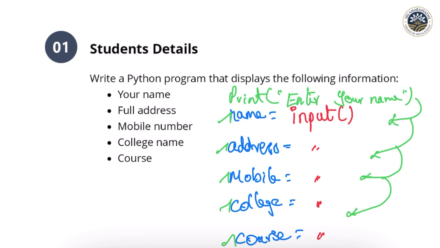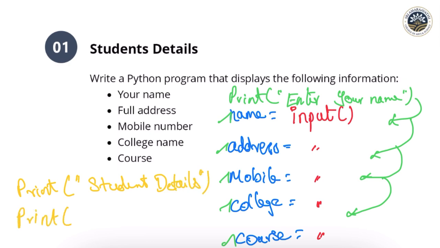For the final step, you need to print the result, right? For printing the result, I'm just writing print. You just need to print student details, and then on the next line print student name.